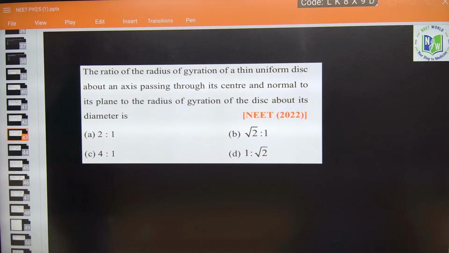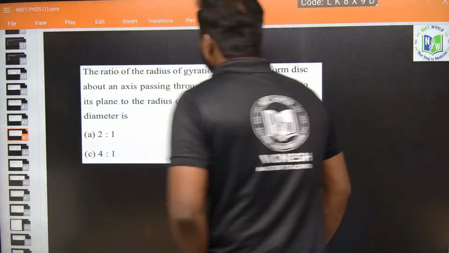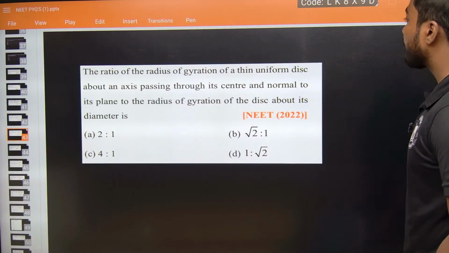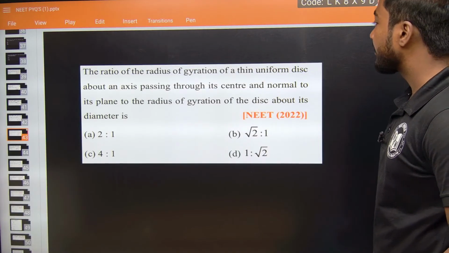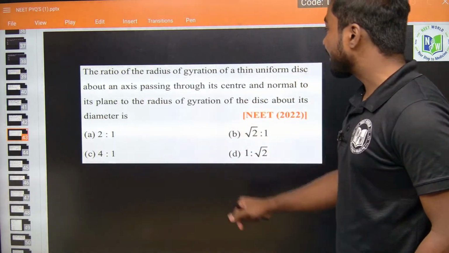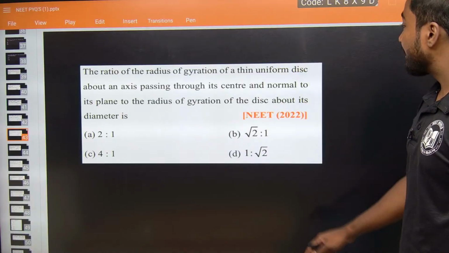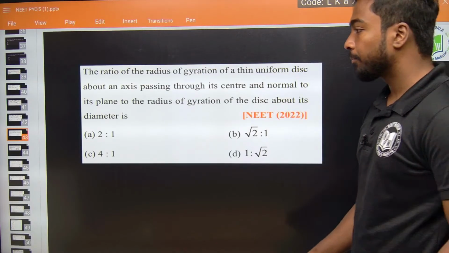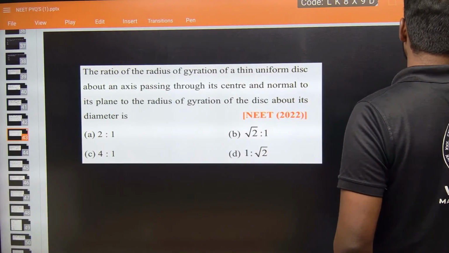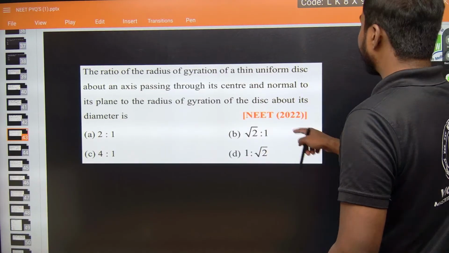Okay, guys. So, the ratio of the radius of gyration of a thin uniform disc about an axis passing through its center and normal to its plane, to the radius of gyration of the disc about its diameter. So, they are asking the radius of gyration ratio of a disc.